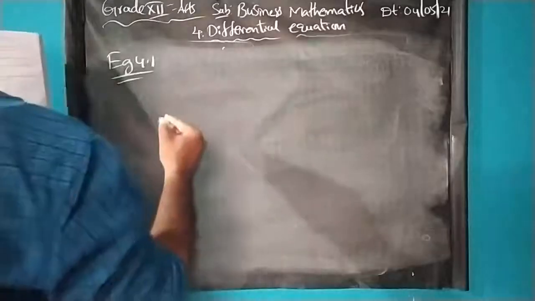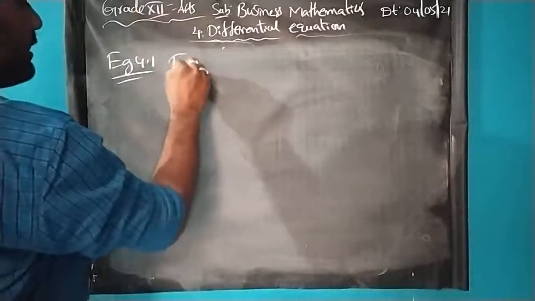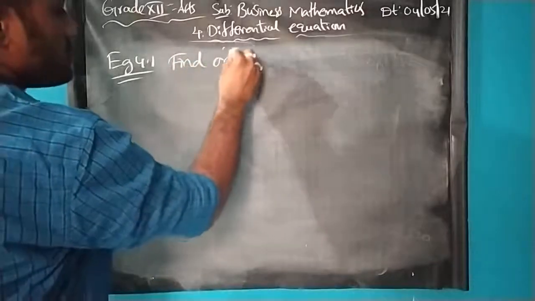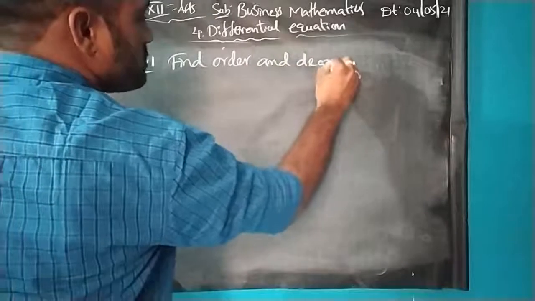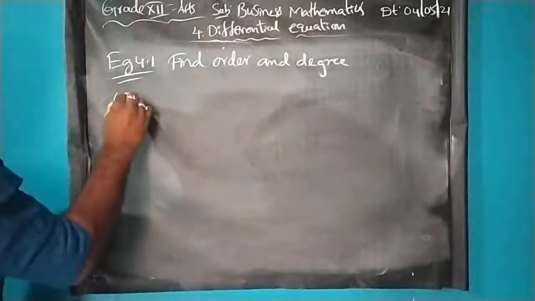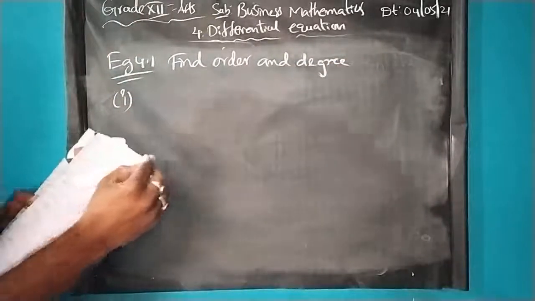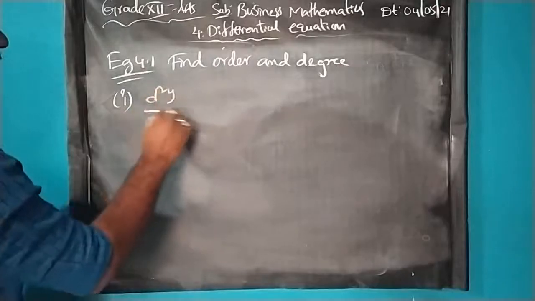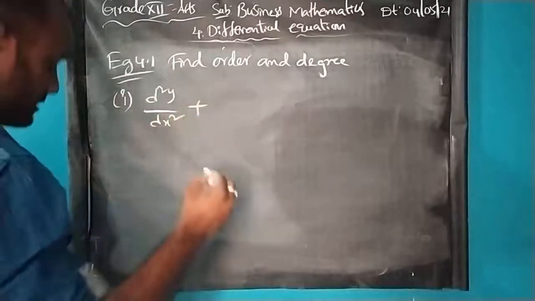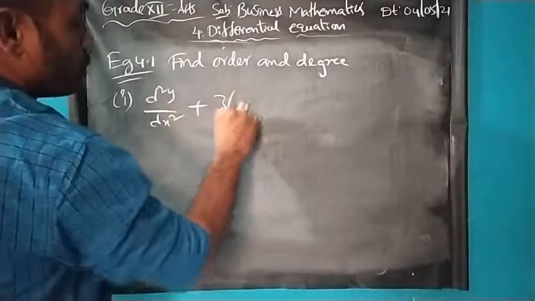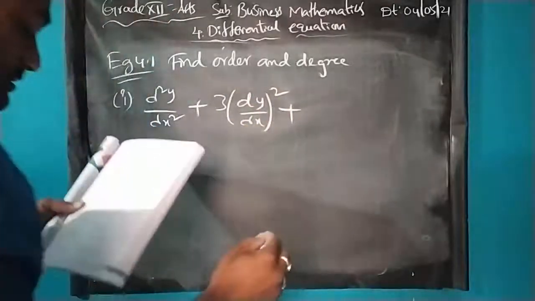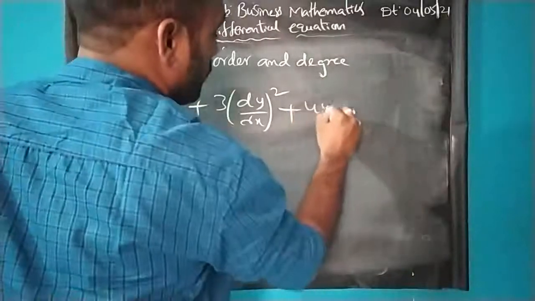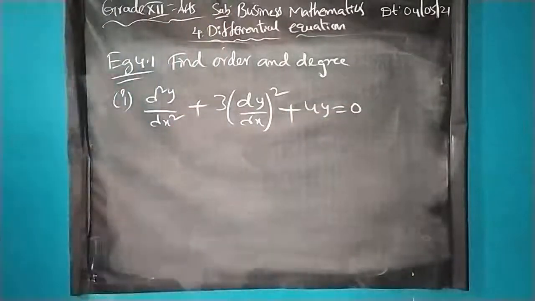Let us see this example 4.1. Find the order and degree. In these questions, we need to find out the order and degree of the differential equation. Let us see question by question. First question: d square y by dx square plus 3 into dy by dx whole square plus 4y equals 0.